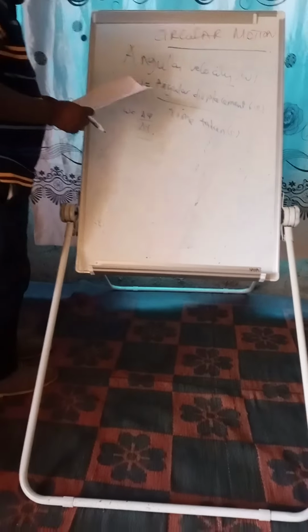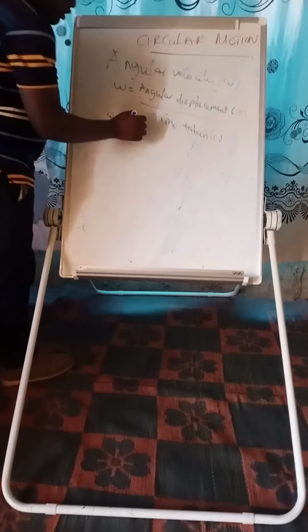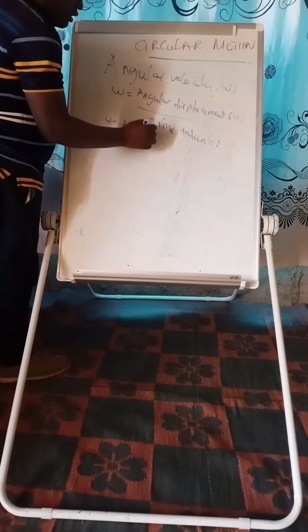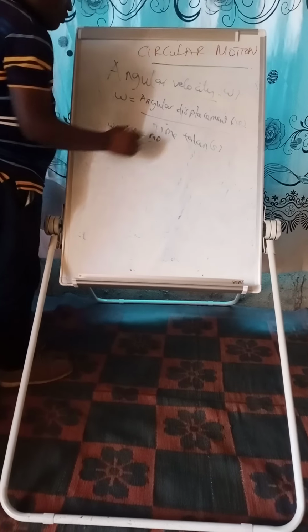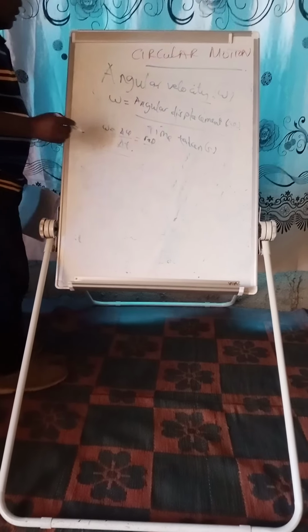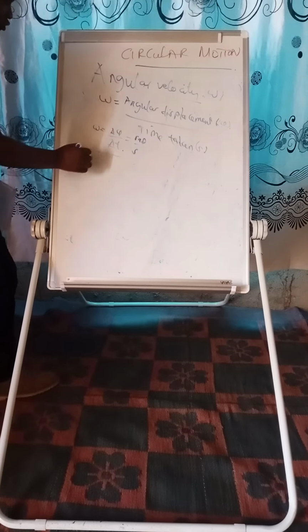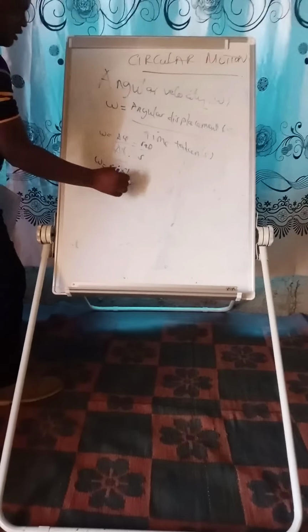So this is how we find our angular velocity. The unit of angular displacement is radian and time is in seconds, so the unit for omega is rad per second. This is the unit for angular velocity.